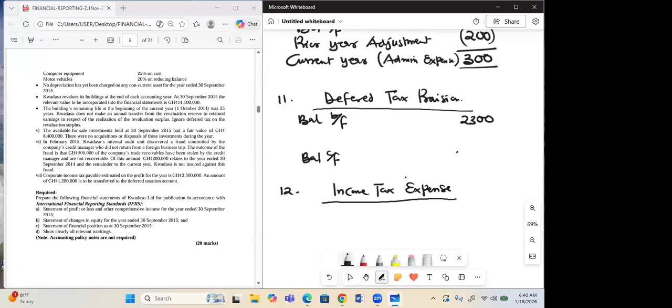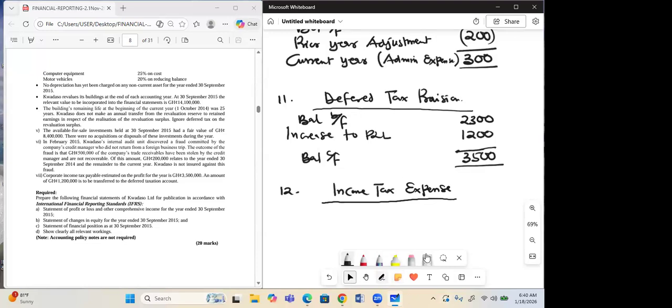Rather, they have told us that even if you don't know the closing balance, you should transfer 1,200 to the deferred tax account. It means you should increase that account by 1,200. So can I get a closing balance now? 3,500. You see, now the question has even made it simple for you.